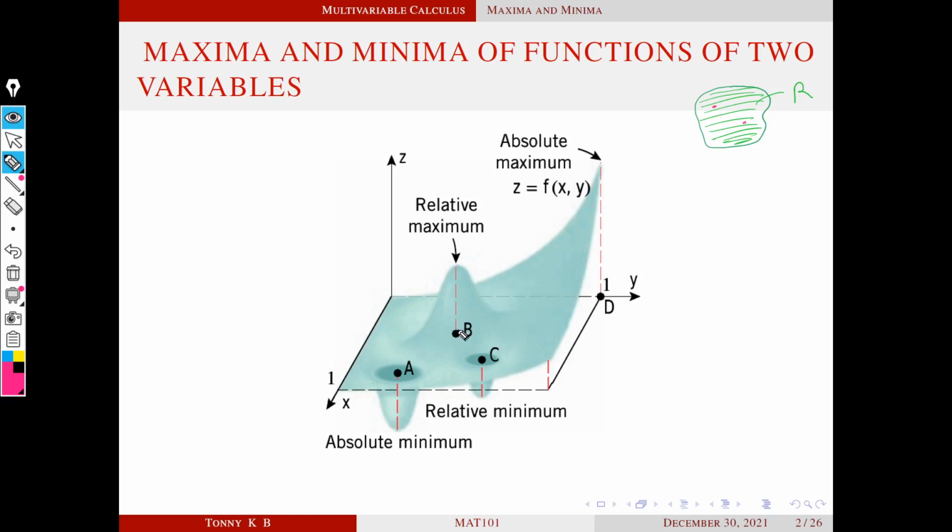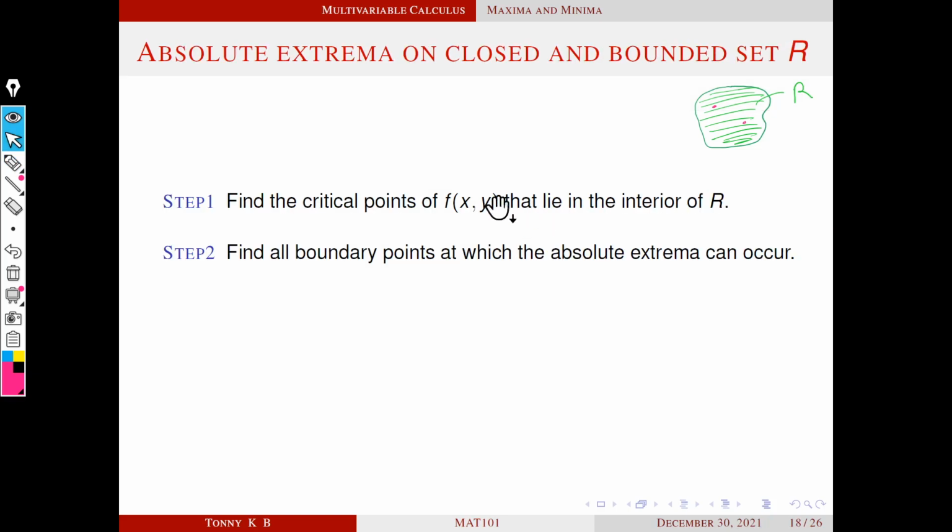For this example, at B it has a relative maximum, but on this domain, which is [0,1] cross [0,1], a square like this, its absolute maximum occurs on the boundary point. So this may happen. That's why we need step 2. I will explain step 2, how to find such extreme points on the boundary, using the next example.